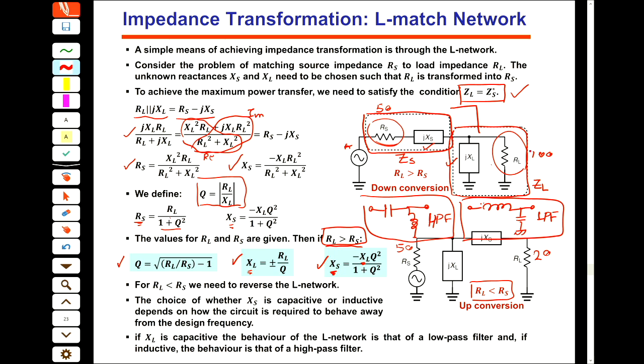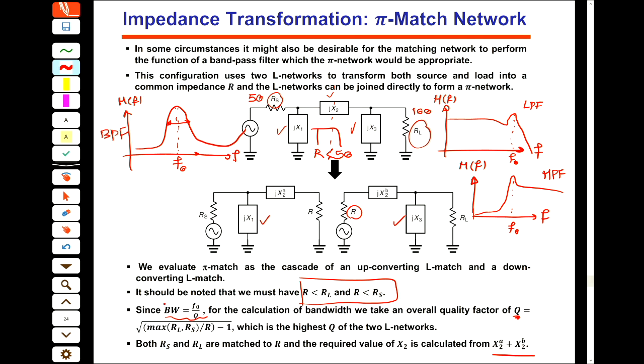RL is our load, and R is the R that we assumed. So you should select the R in such a way that it satisfies the value for the Q factor. This is how you should select R. So the criterion for selecting R comes from this part. We will see in one example how we should select the value for R based on the bandwidth that we need.